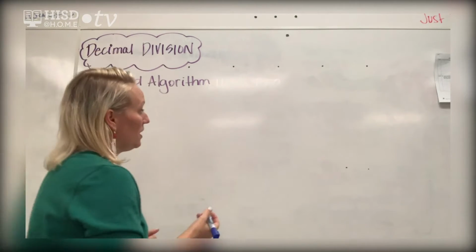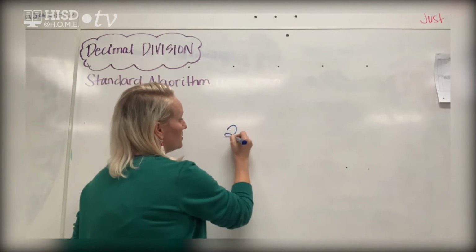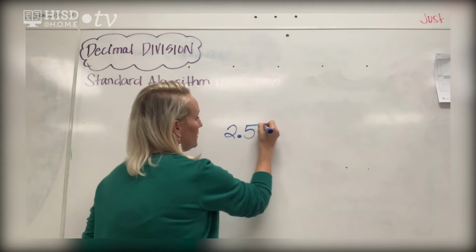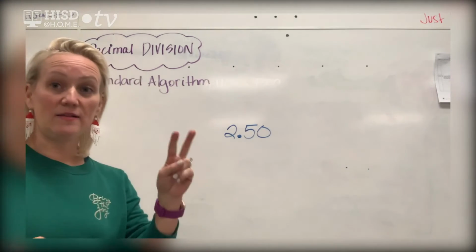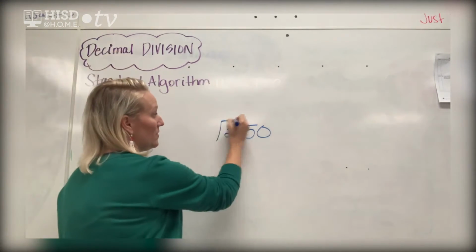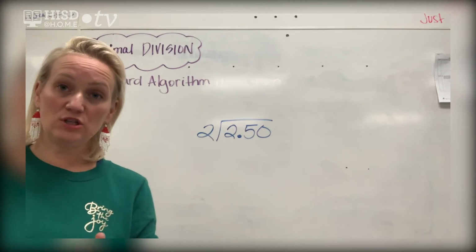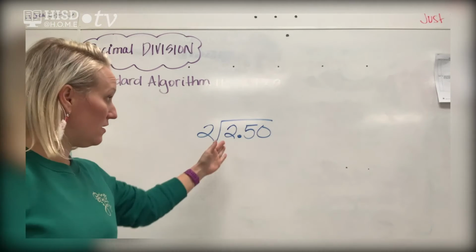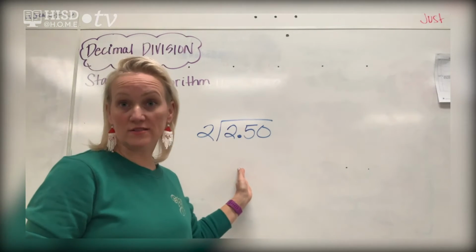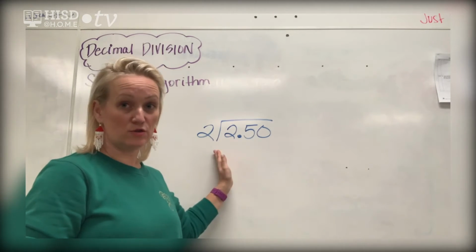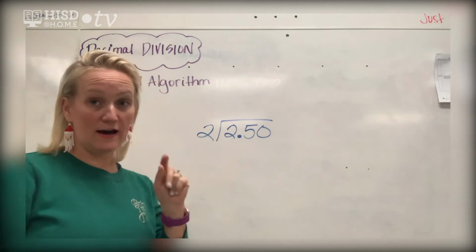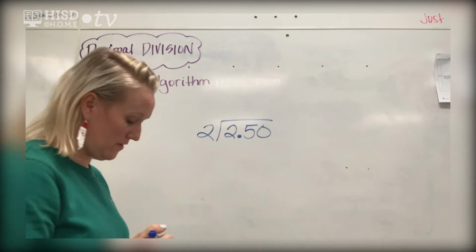So for example, let's say that something costs $2.50, and two of you are at the store and you want to know how much each of you would pay if you were to split the cost of that item. So $2.50 divided by the two people who are going to pay for it.